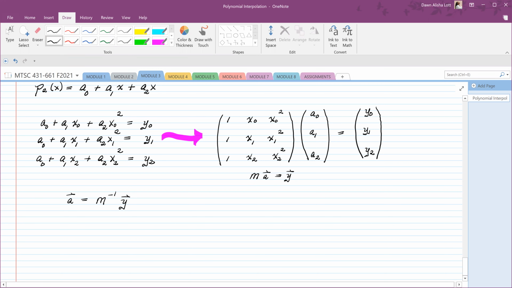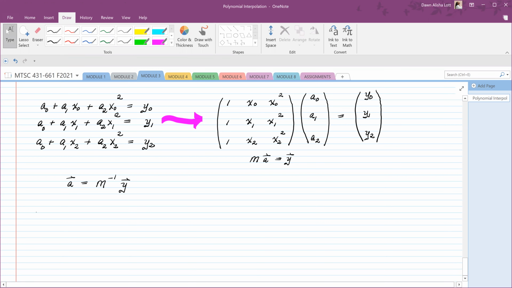Okay. And when we do that and do a little bit of algebra to make it look pretty, we get x minus x1 times x minus x2. Notice I left out the y0 problem, the x0, and then I get x0 minus x1 times x0 minus x2.